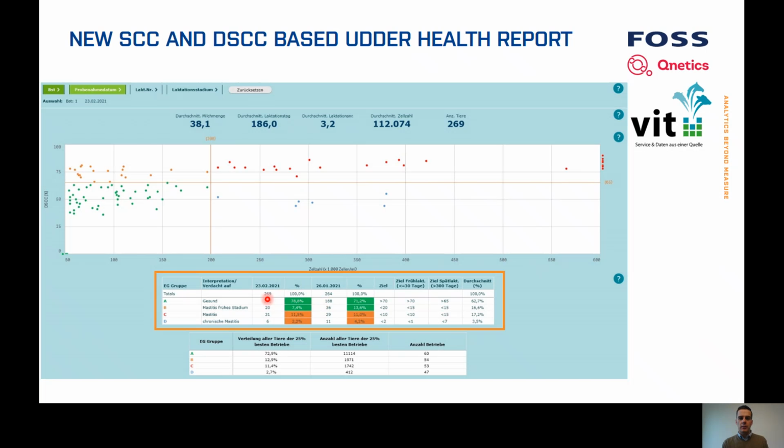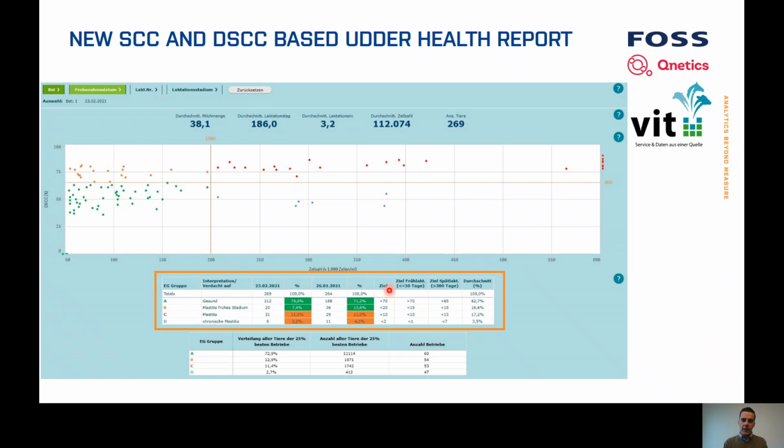And we can see the results from the current month as well as from the previous month. So it's easy to compare and easy to see how the development is, and if, for example, something was changed in the previous month, it would be very easy to see whether the change improved the situation or the situation got even worse.